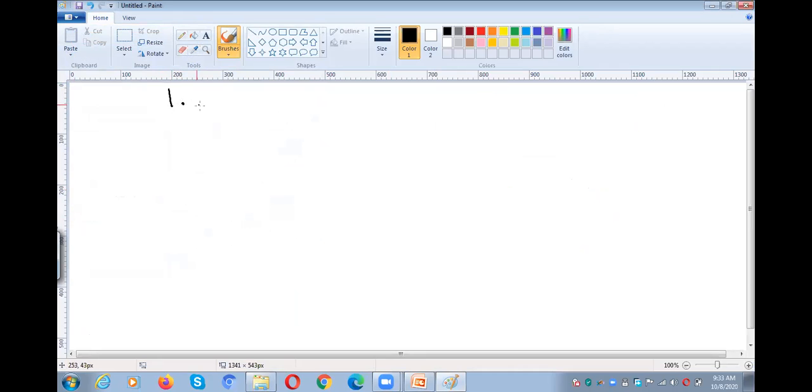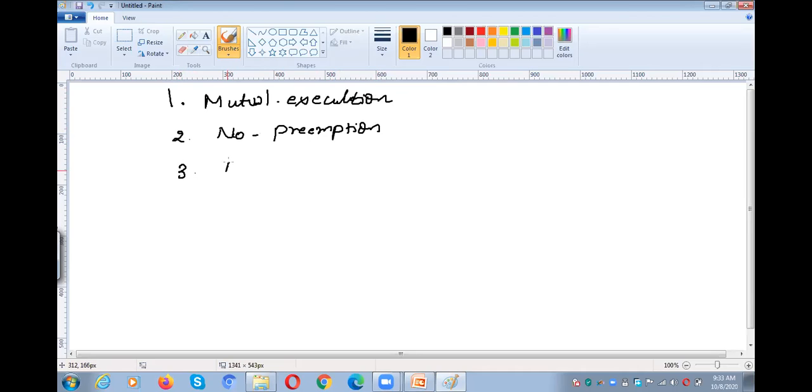First one is mutual exclusion. Very important, mutual exclusion. And the second one is no preemption. And the third one is hold and wait.